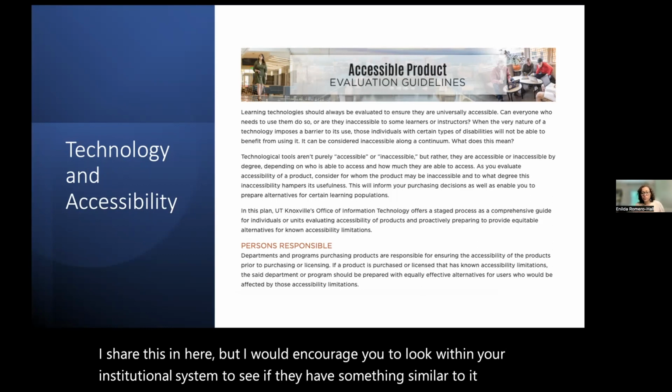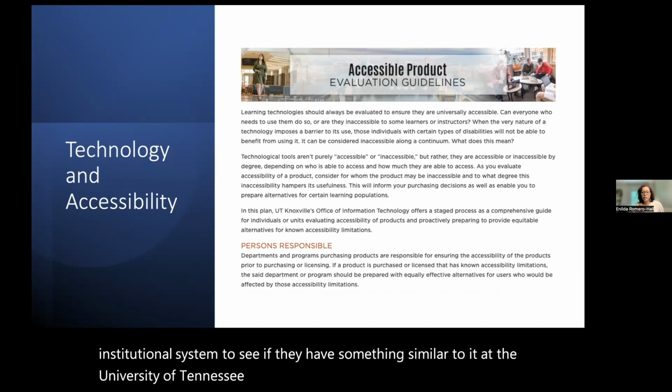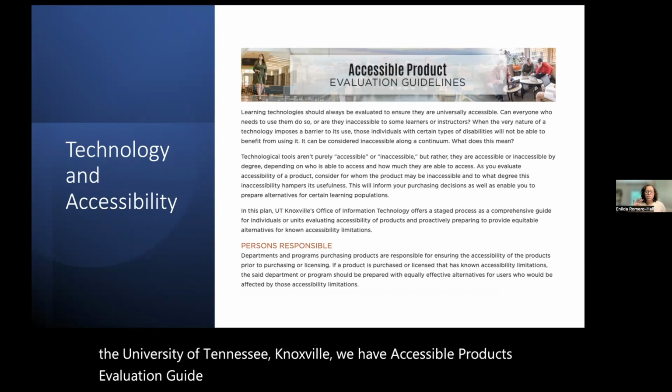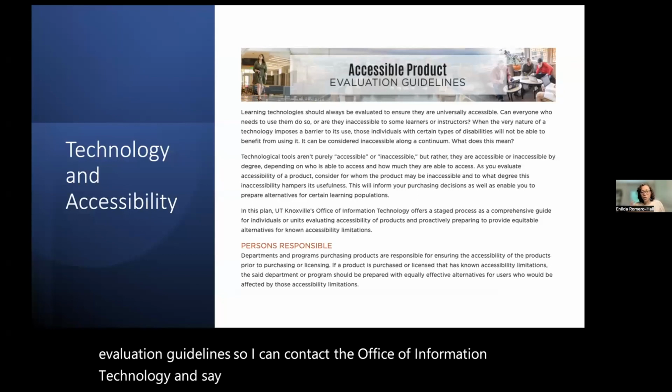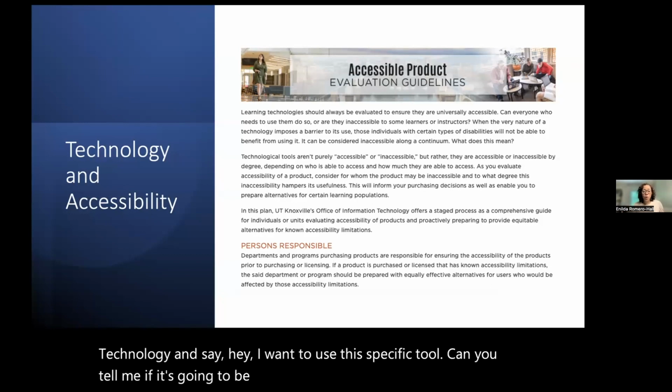At the University of Tennessee, Knoxville, we have accessible products evaluation guidelines. So I can contact the Office of Information Technology and say, hey, I want to use this specific tool. Can you tell me if it's going to be accessible to all students?